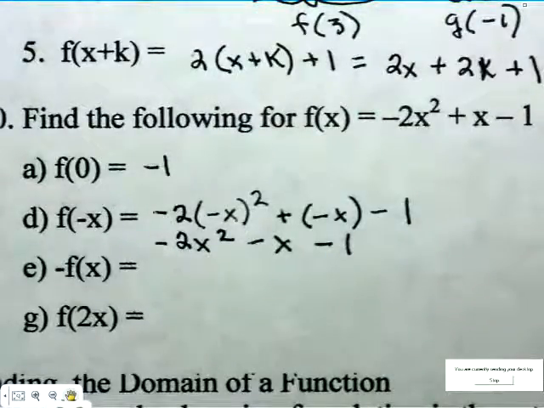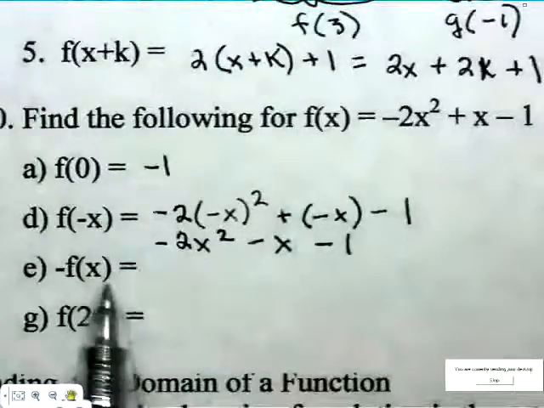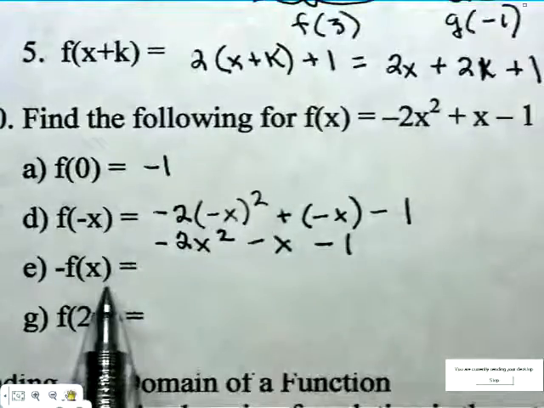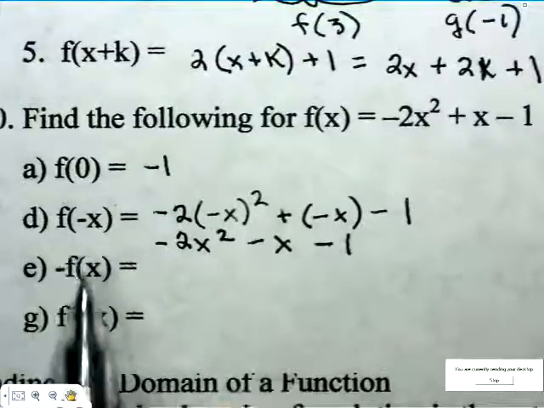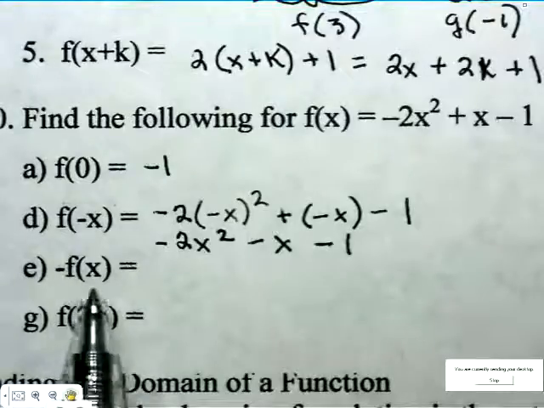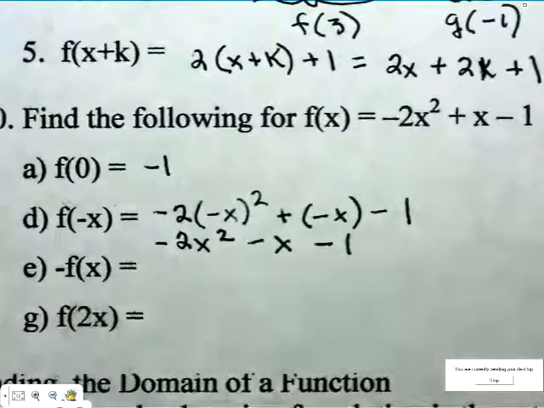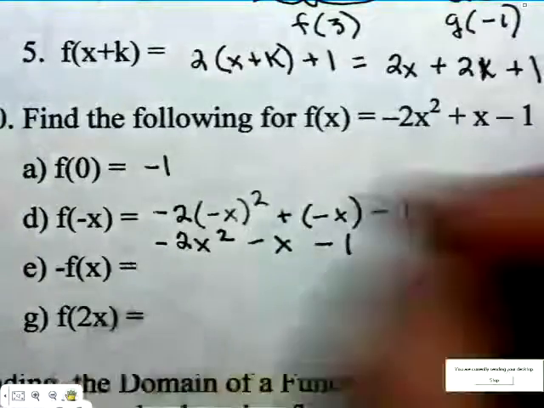Do you think that E will give us the same answer? Does it mean the same thing? What do you think? How are we going to find negative f of x? I'm convinced that these probably won't give me the right answer. When you do the opposite, like negative 2x versus positive 2x, make sure you take the opposite of the whole thing. Negative f of x means negative 1 times f of x.